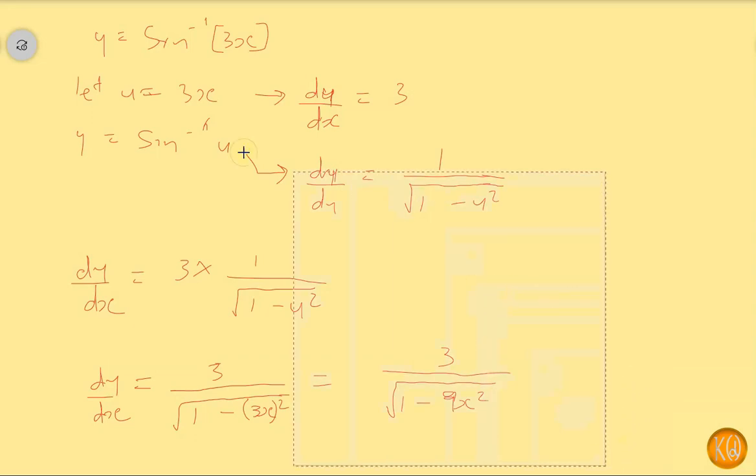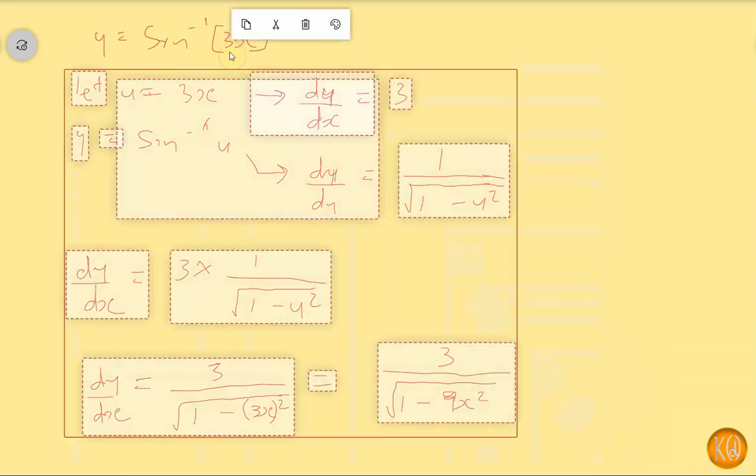So let's just clear the screen and try another problem. This time we will use cosine for now. y equals cos inverse of, let's say we had x squared plus 2.